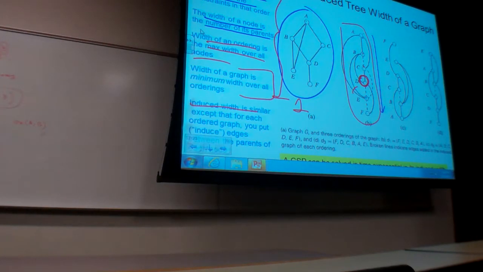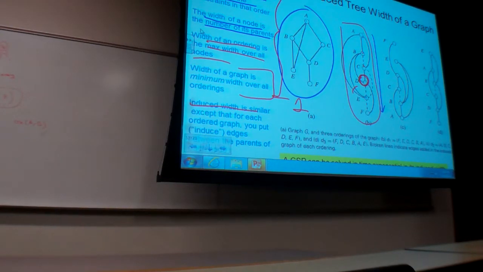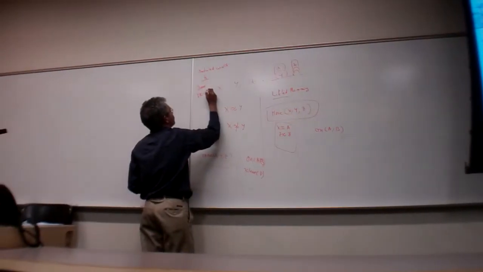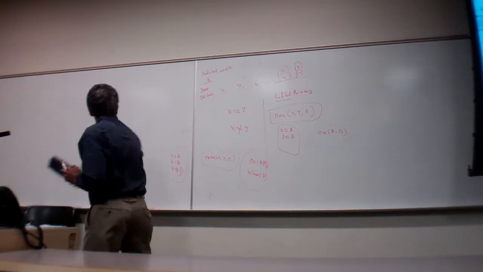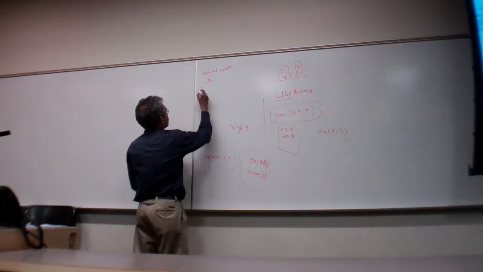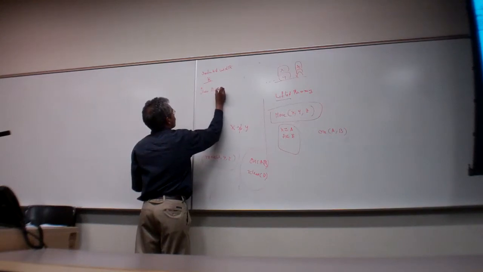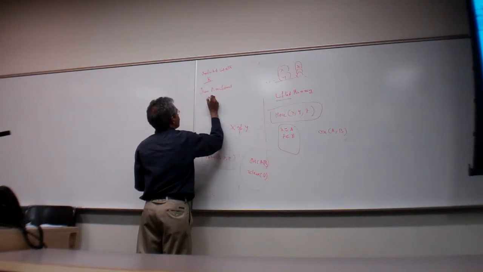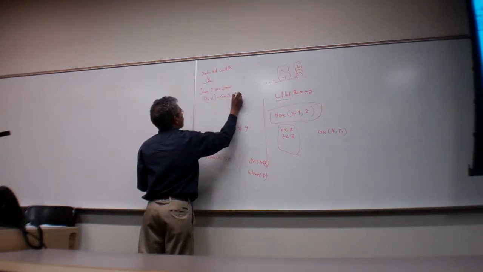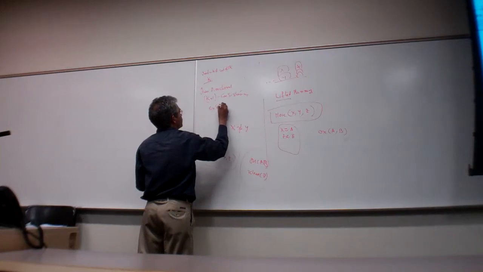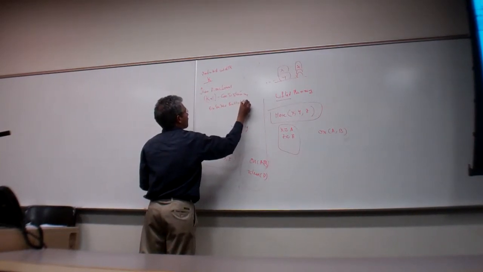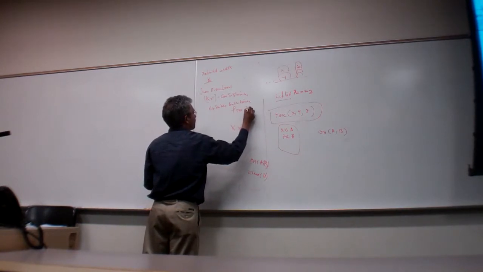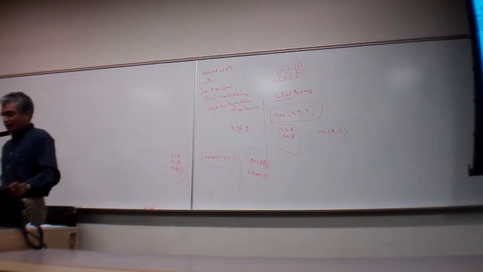If the graph has induced width k, then directional k plus 1 consistency ensures backtrack-free search.